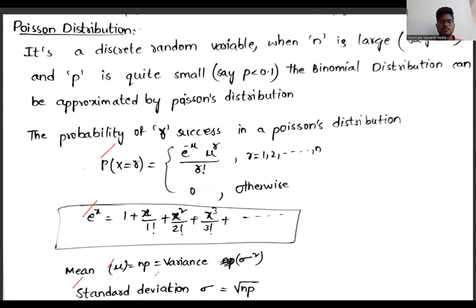For the standard deviation, the mean and variance will be the same, because p is very low when we approximate the binomial distribution by the Poisson distribution, so the q value is neglected here. So variance and mean are the same, and this is the standard deviation. We will go in depth into the questions next.